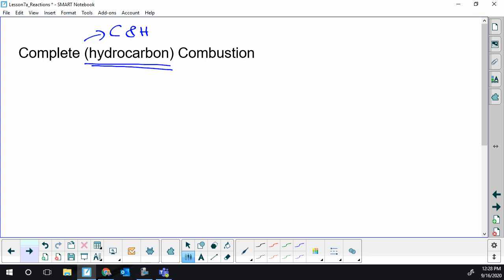And I'll do an example of the two most common hydrocarbons you might have at your house. The first one is methane. If ATCO gas has gas coming into your home, it's methane. Your stove or your furnace is probably burning methane. That's our hydrocarbon.